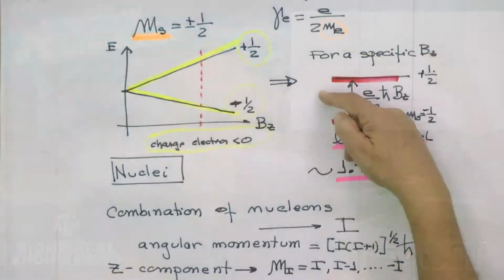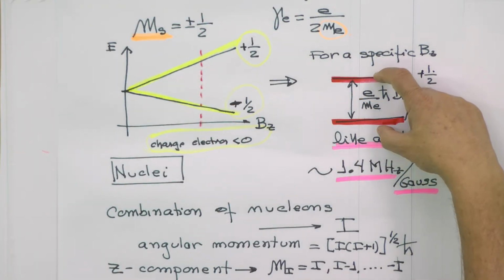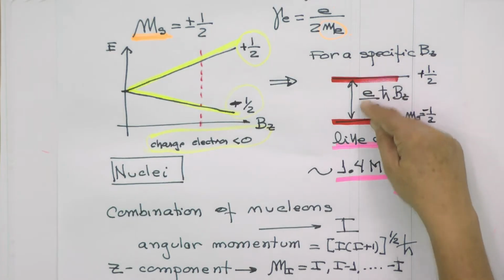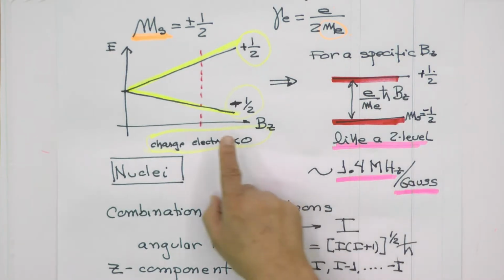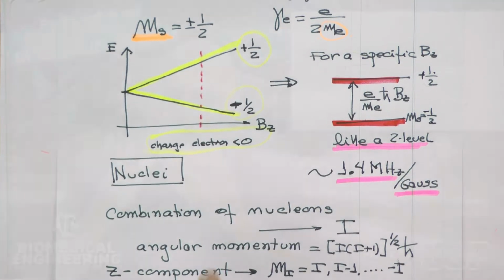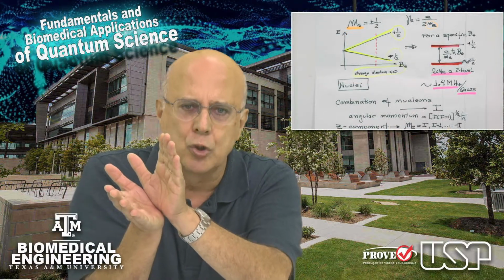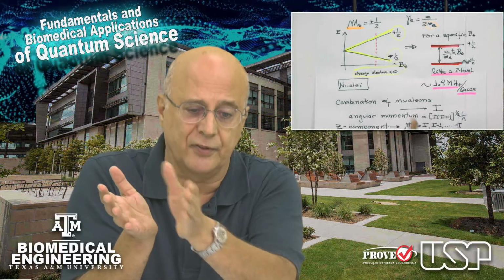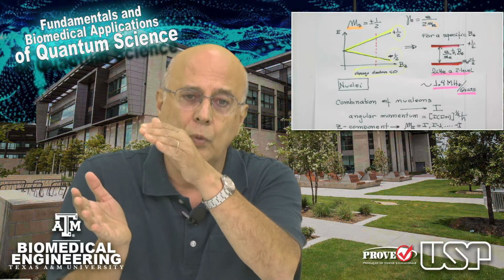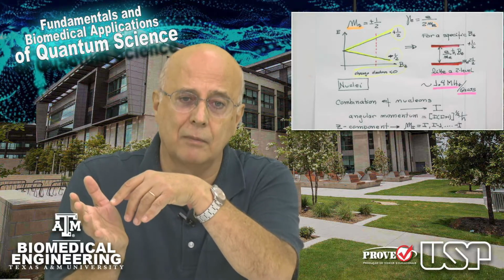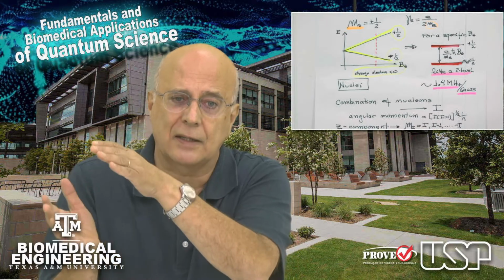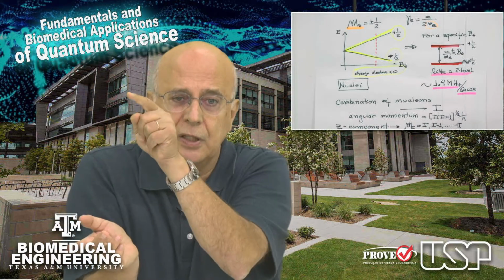Now I could come with electromagnetic radiation and sample this, depending on the field I apply. So to do this magnetic resonance, I have to split the two components of the spin of the electron, which means the magnetic dipole interacting with a Z field will split in two.